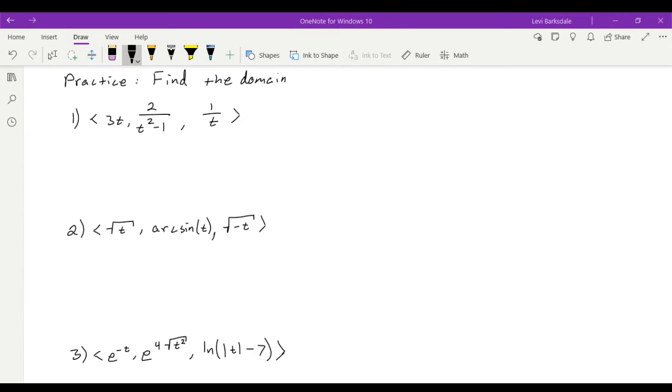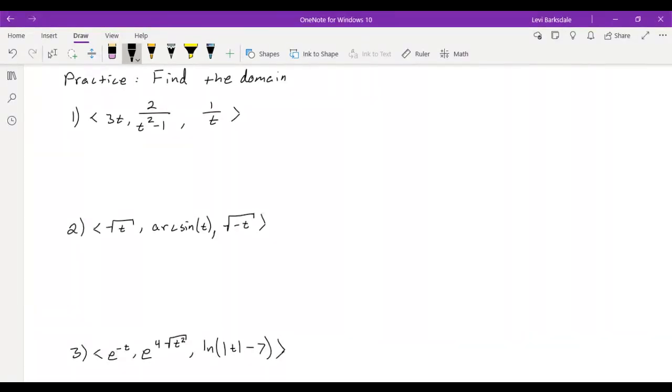All right, let's go ahead and go over these really quick. First off, we look at the very first component, 3t, which has a domain of all real numbers. The second component, if we factor the denominator, comes out to be 2 over (t + 1)(t - 1). We can clearly see that t cannot be equal to -1 or +1.